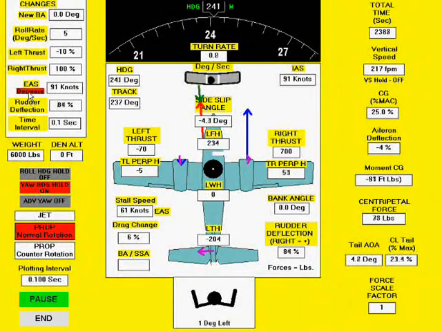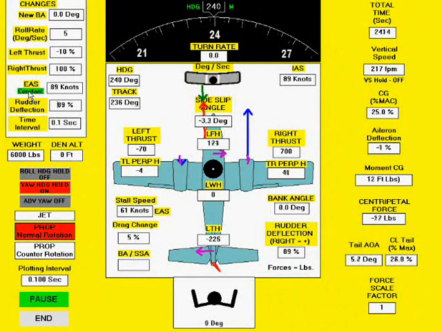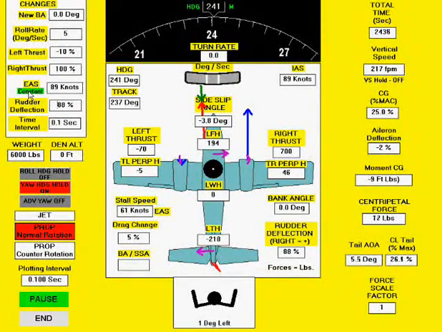Since we can now maintain heading with less than full rudder deflection, we can concentrate on maintaining airspeed without additional distractions, while reducing rudder pressure and establishing the zero side slip bank angle to maximize climb performance.